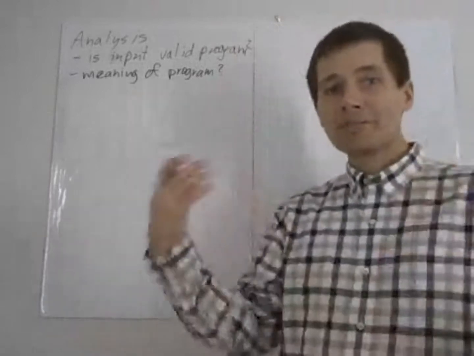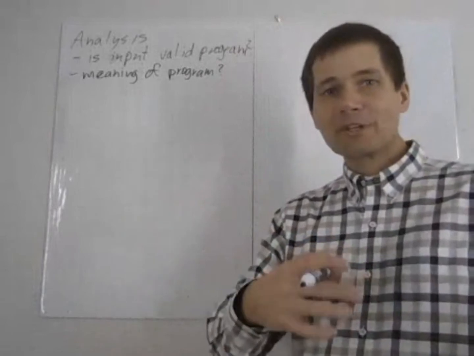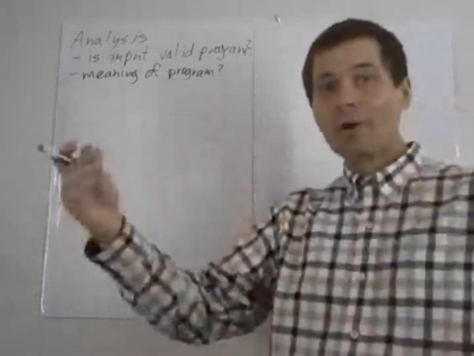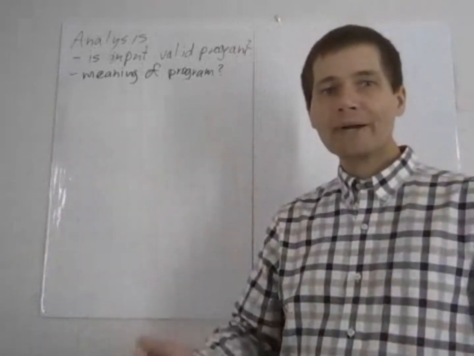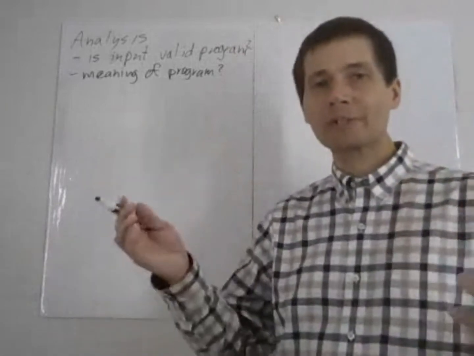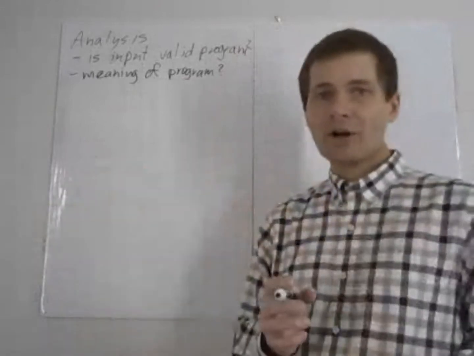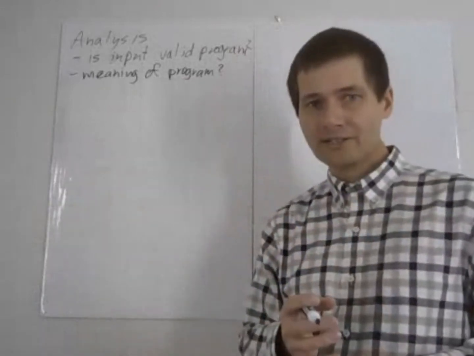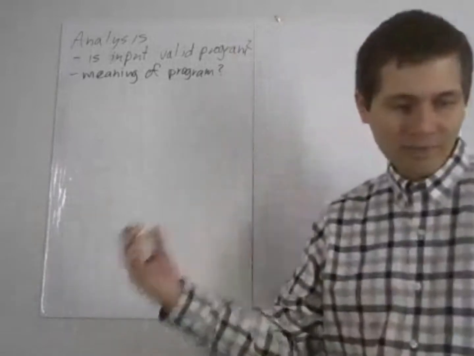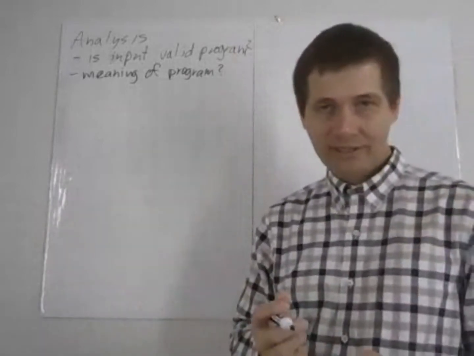Whenever you're writing a compiler, you can just use your programming language and write some code. But whenever possible, it's nice to be able to use formalisms, to use some theory to make the job of writing the compiler easier. So whenever we can, we're going to try and use theory.